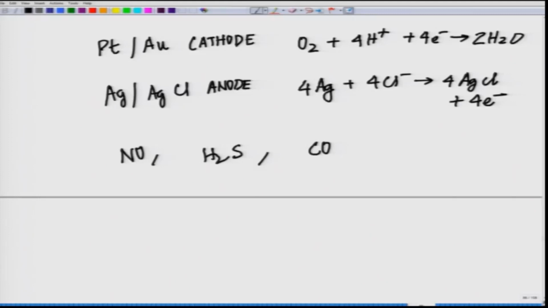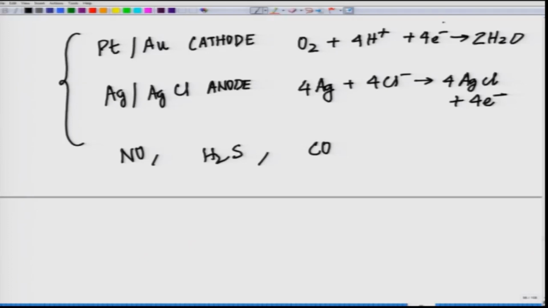So, what it is essentially doing is, we are measuring the current using the amperometric technique, by virtue of which one can figure out the concentration of oxygen which is dissolved in the analyte.